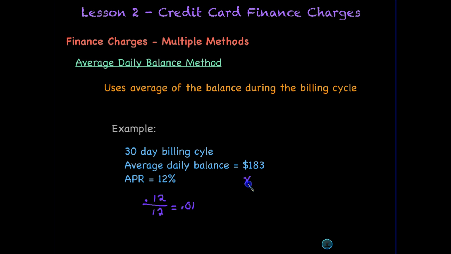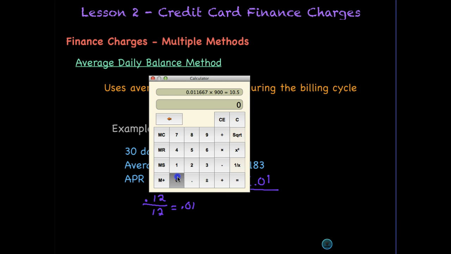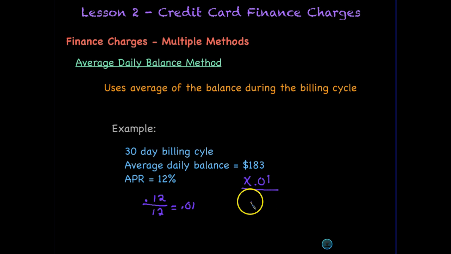And then if we just multiply the outstanding balance by 0.01, we will get our finance charge. And that comes to $1.83. And that is the average daily balance method. But again, remember this average daily balance needs to be calculated, and we will be going over that next week.